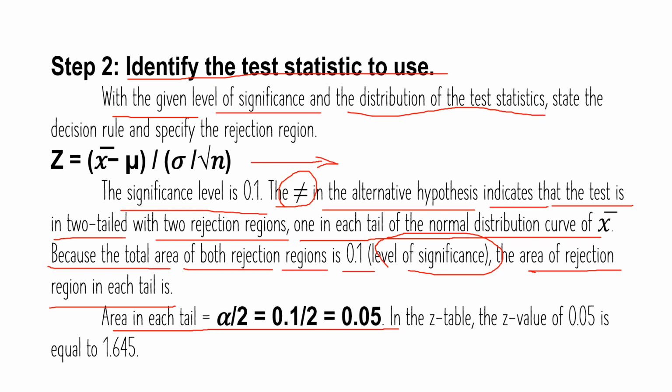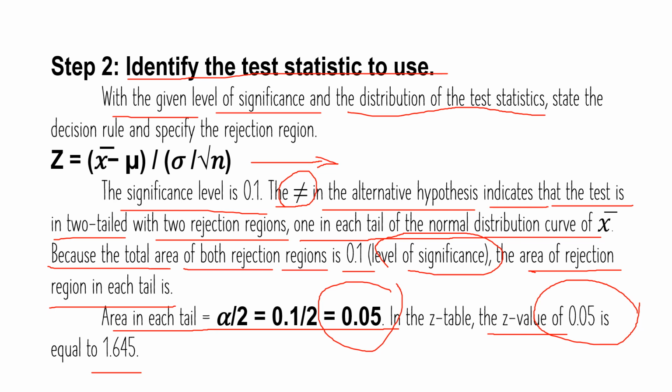That will be alpha over 2, equal to 0.1 over 2, which is equal to 0.05. So using your Z table, the Z value that we can map to 0.05 is equal to 1.645. We just simply look for the value that we can map to this value.